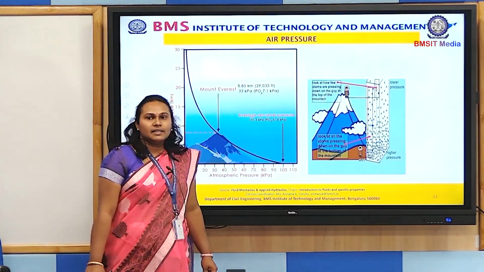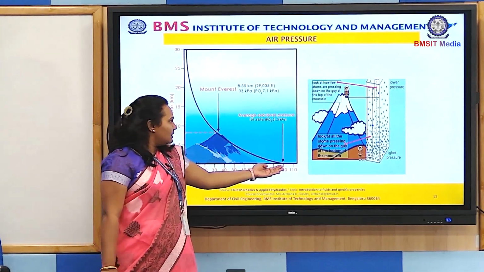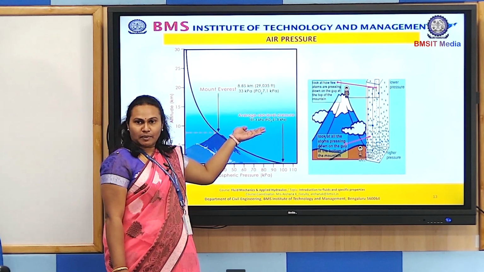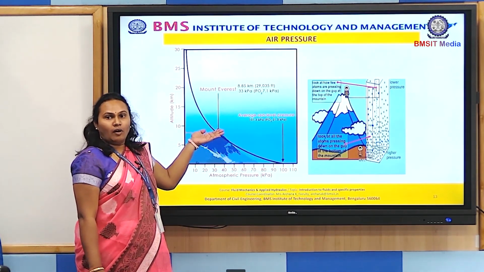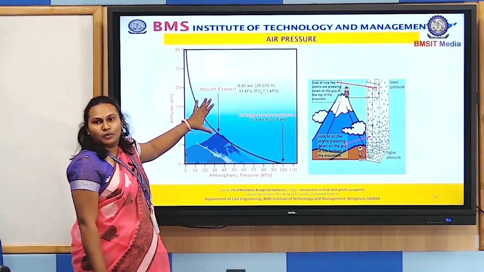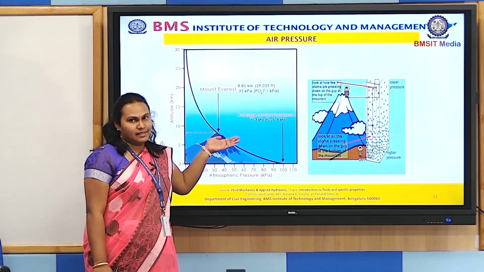Another way of understanding this atmospheric pressure and how it varies is, at the mean sea level, the average value of the atmospheric pressure is 101.32 kPa. But as you ascend towards a hill or Mount Everest, for example, the air column above you decreases, and hence the pressure at these peak points is lesser.